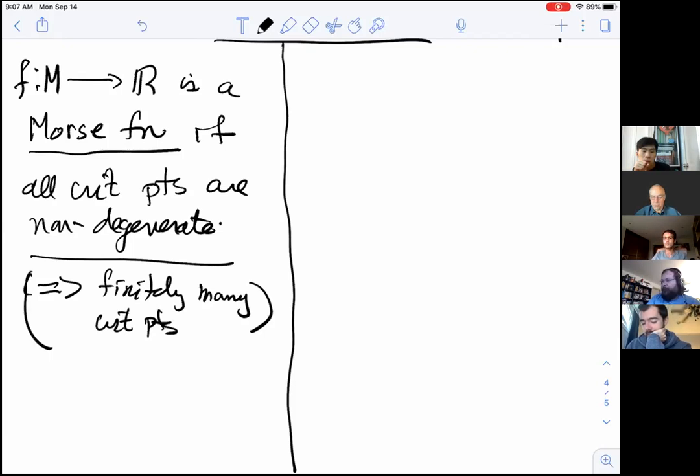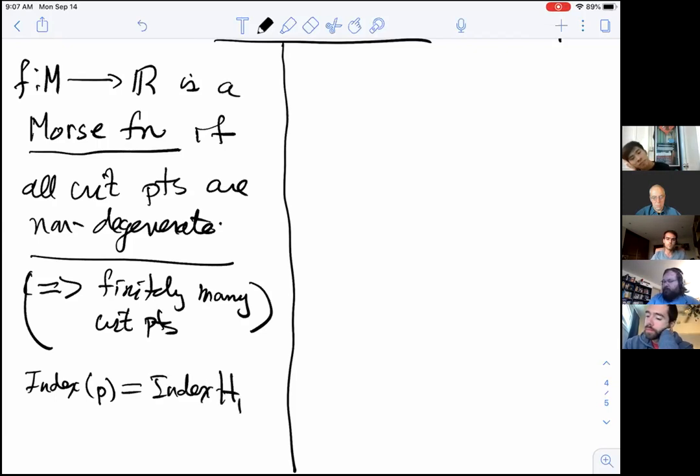Each of these critical points has an index. The index of a critical point P is by definition the index of the Hessian at P of f. So we have a finite number of critical points. Each has an index.